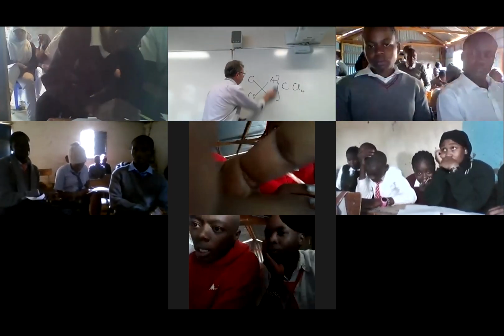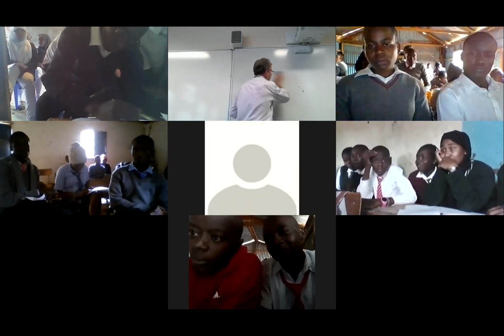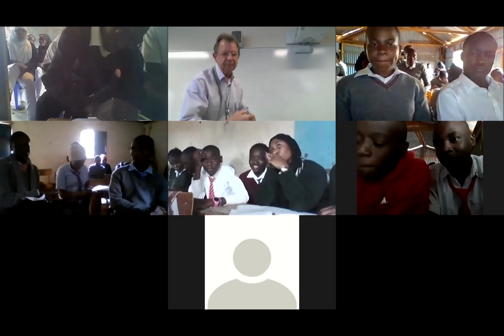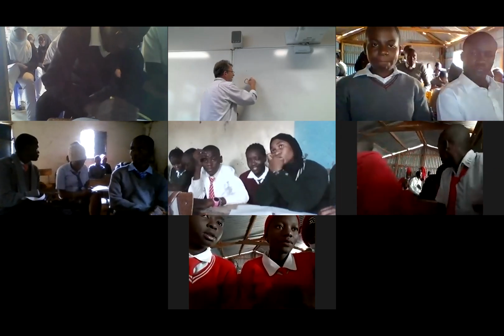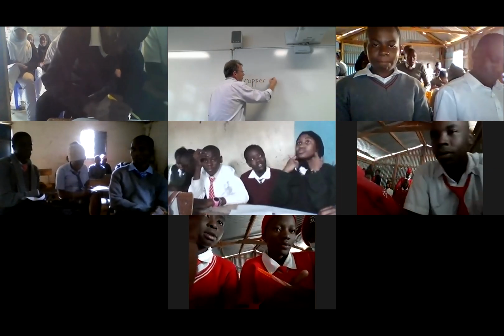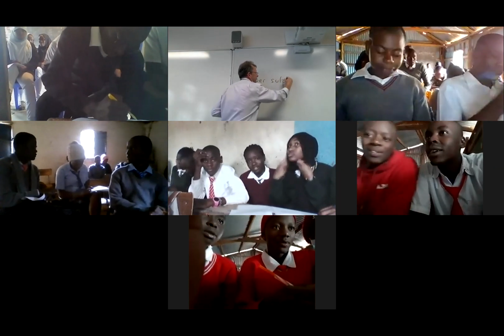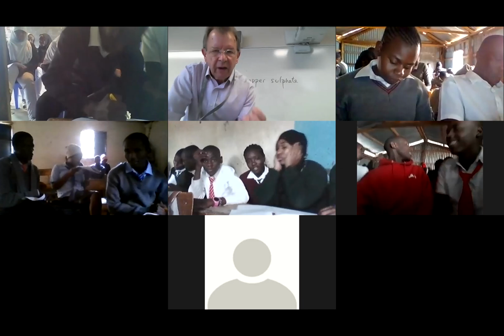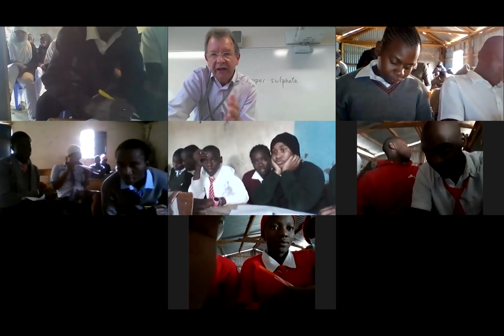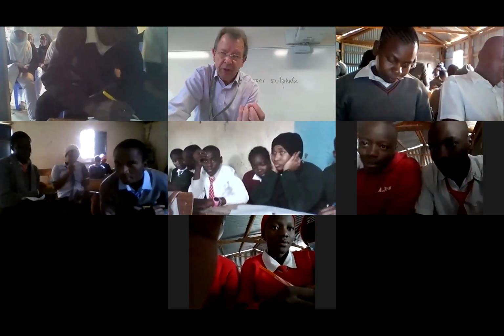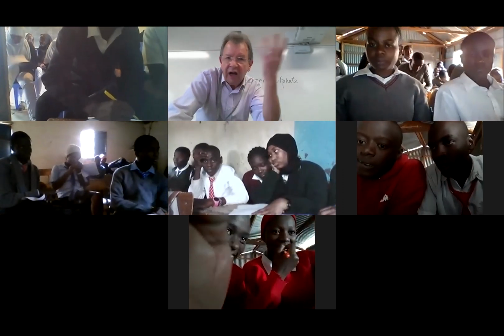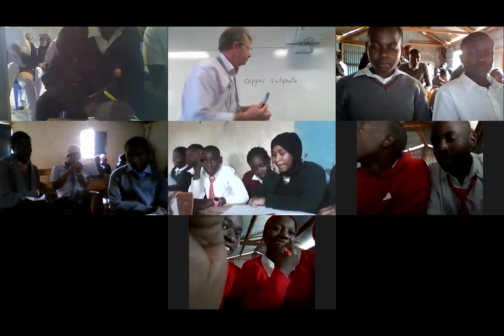If I had given you, let's say, copper sulfate, I hope you can see that. If I look for copper in the periodic table, it's a problem because it's a transition metal in the middle, and therefore I don't know what its valency is.